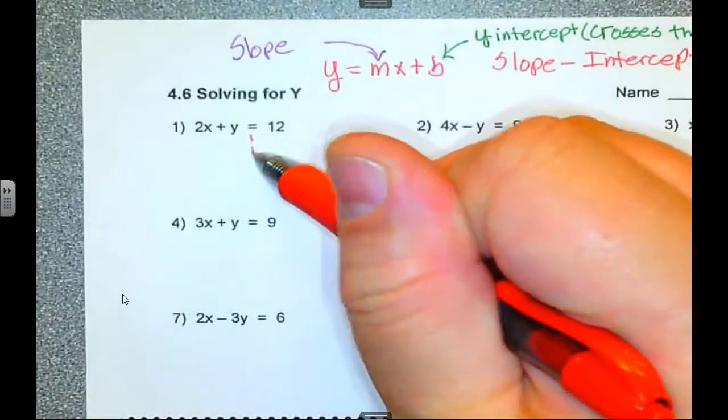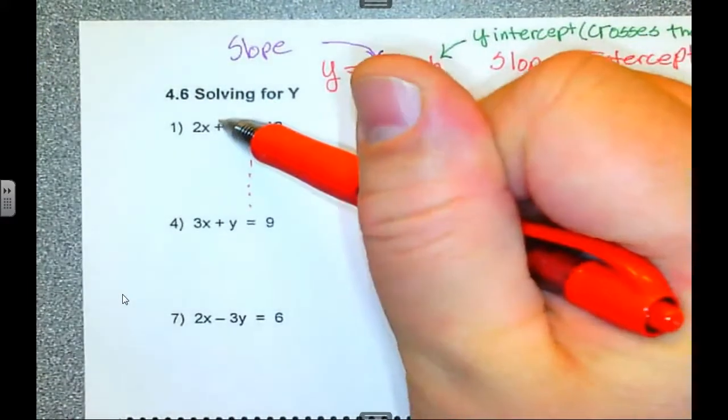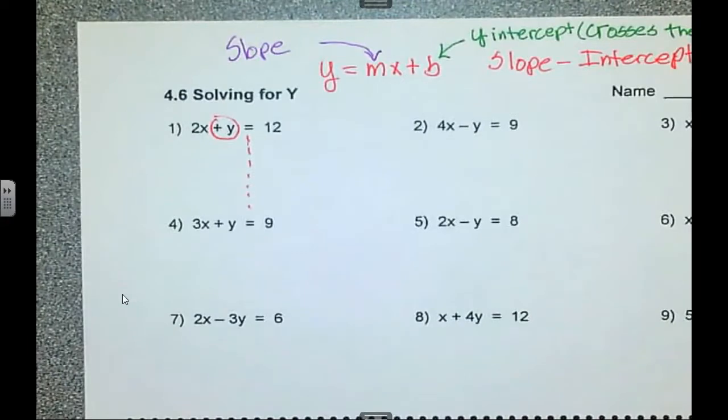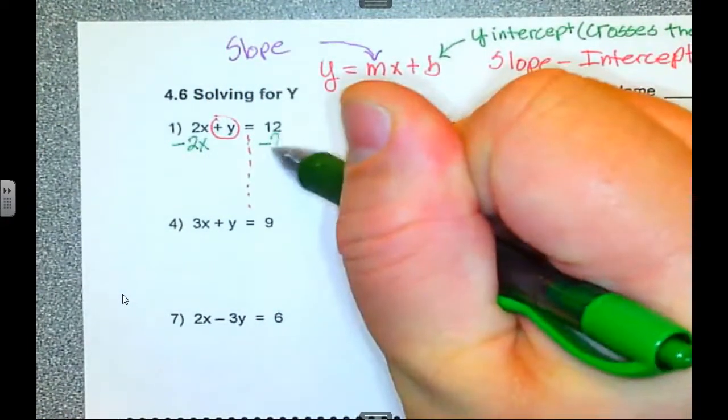And this is how we're going to do it. You know how to do this because we spent 2 days on it. Again, I want to get the y by itself, so I'm going to subtract the 2x, or undo the plus 2x, to both sides.